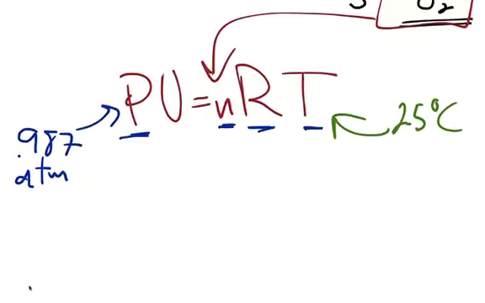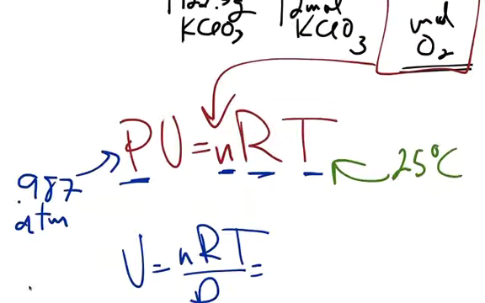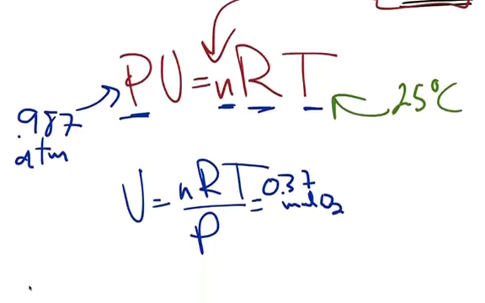I'm going to divide both sides by P, and I'll get V equals nRT over P. Now I'm going to put in all my numbers in the right values. I have 0.37 moles of O2, right, times R, 0.0821. And I'm leaving off the units on R, which I probably should not. It's just hard to squeeze them in.